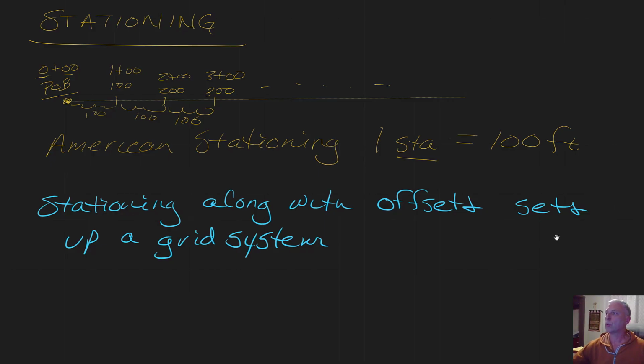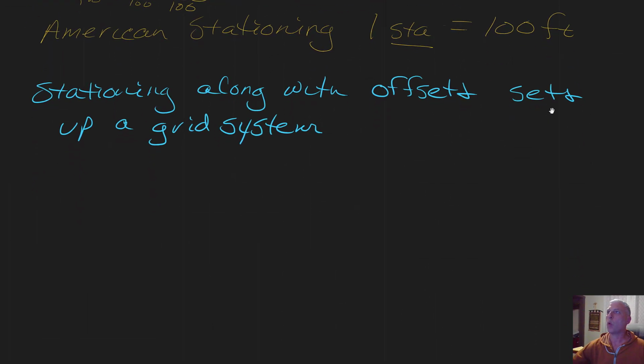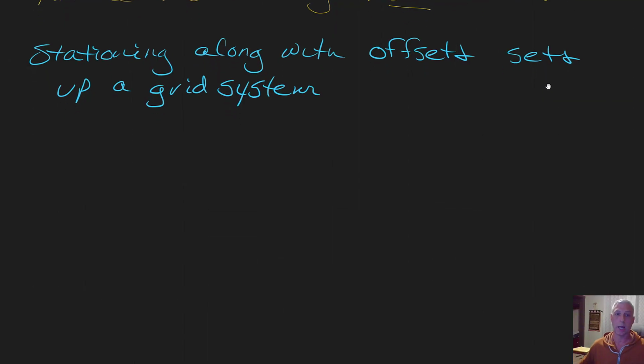If I wanted to define a specific point along a center line, in center line language, we don't necessarily stick to just northings and eastings. We have a different form of a grid system. So if I can draw a straight line here, it doesn't have to be horizontal, but it's easier to grid it out. Let's say here's my 0. And over here I have 1+00, 2+00, 3+00.